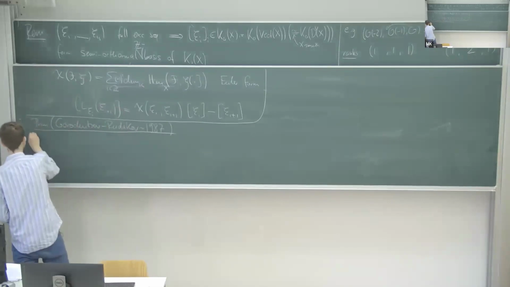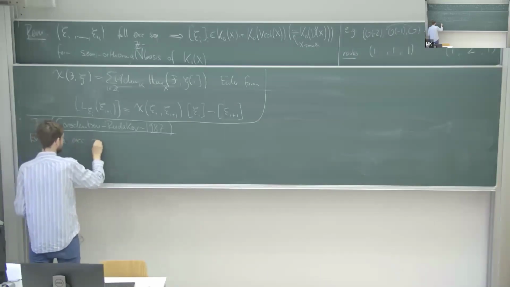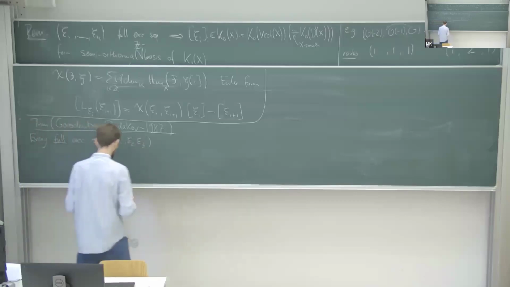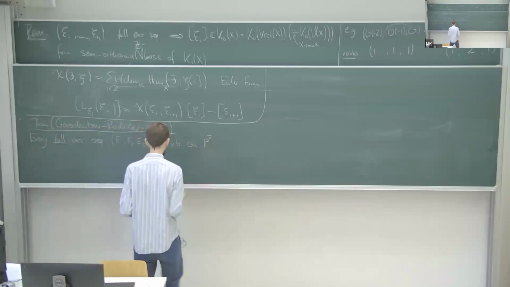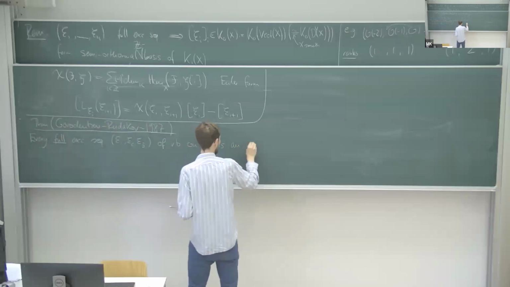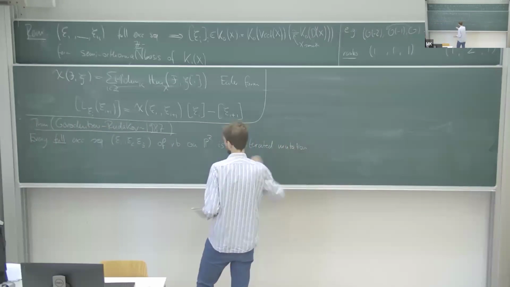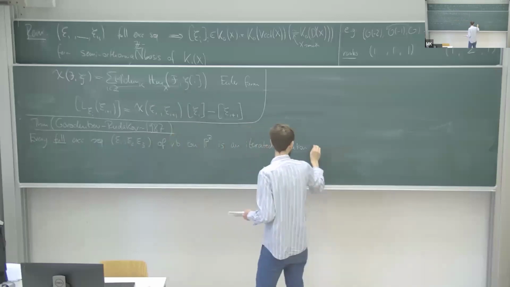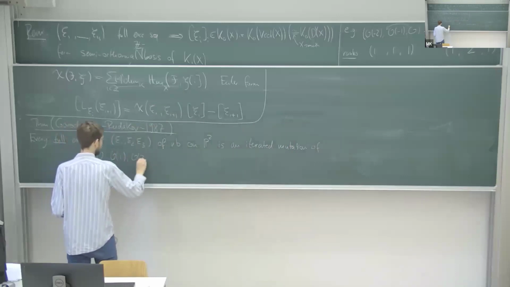So it says that every full exceptional sequence E1, E2, E3 of vector bundles on P2 is an iterated mutation, meaning you allow all these left mutations and right mutations at any place where you want, of a sequence O twisted by 1, O twisted by 2.